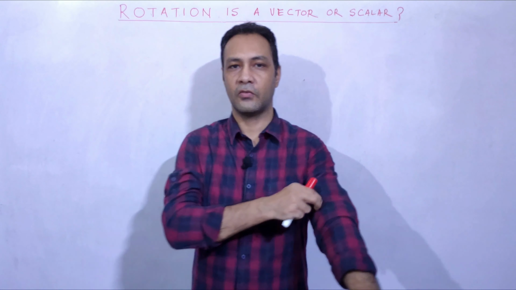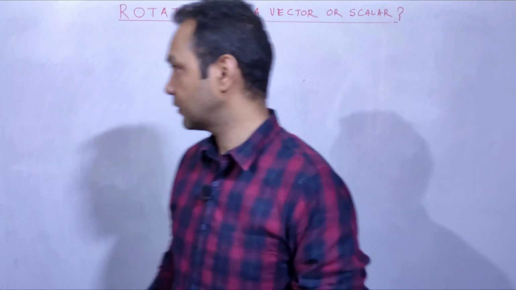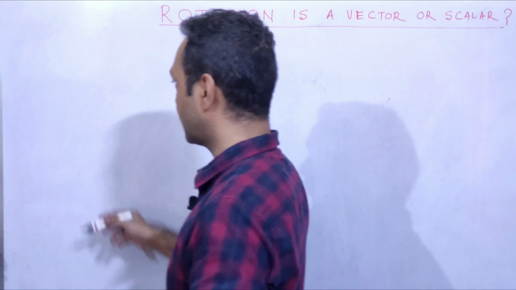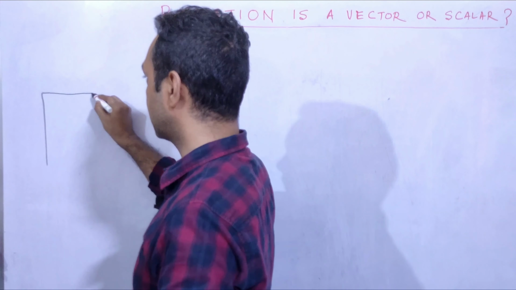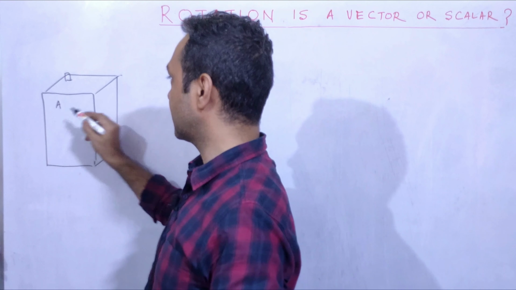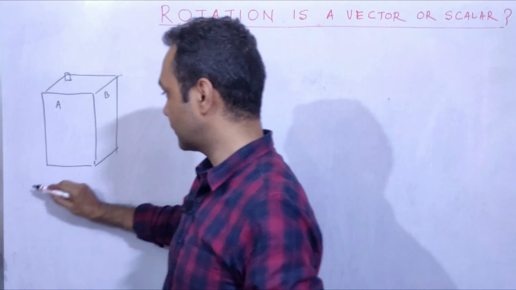So we can say that the finite rotation is not a vector quantity, and I can show it diagrammatically also. Suppose this is a rectangular body, and suppose this is some can, and A is written here and B is written here, and we have three axes.